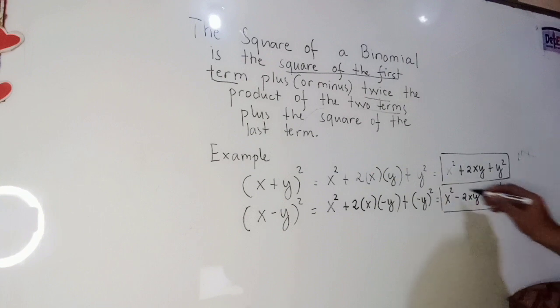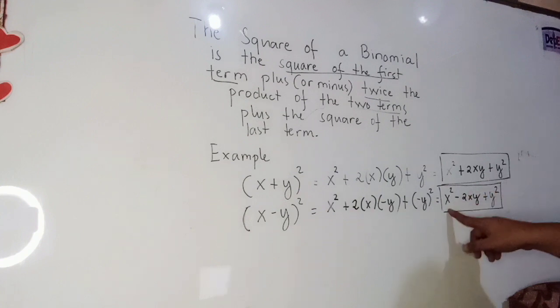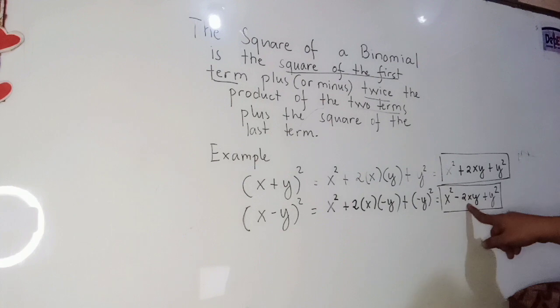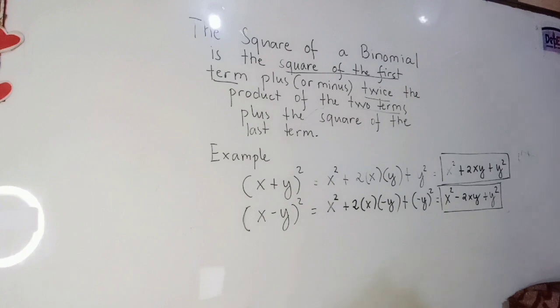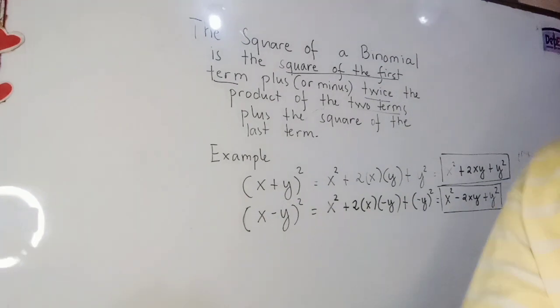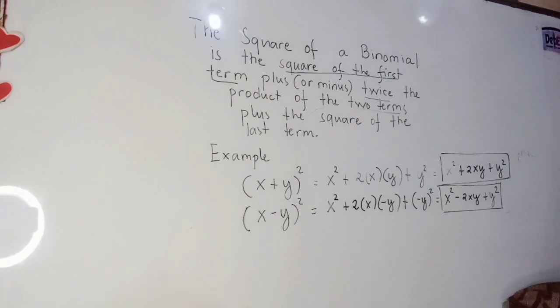That is now the square of the first term, x squared, minus twice the product of the first two terms, which is x and negative y, plus y squared, plus the square of the last term. So, we were able to get it. Naintindihan po?